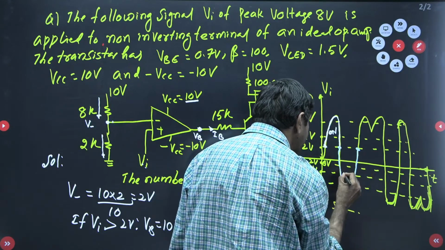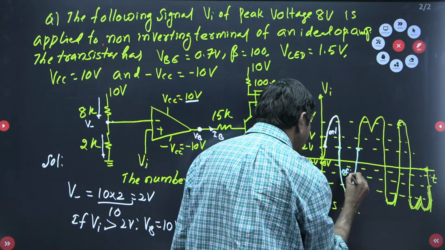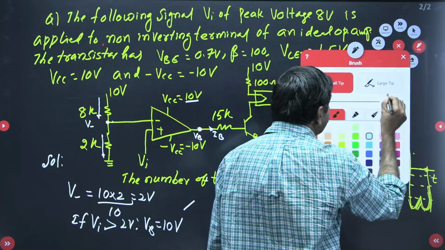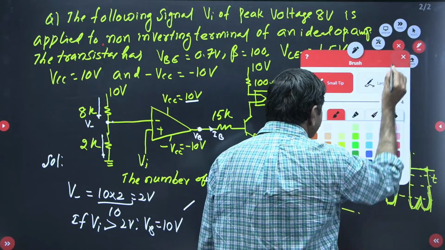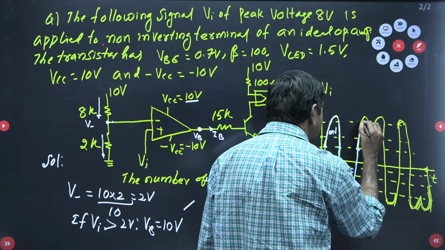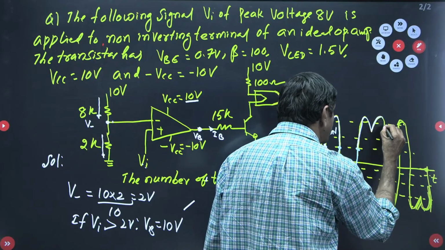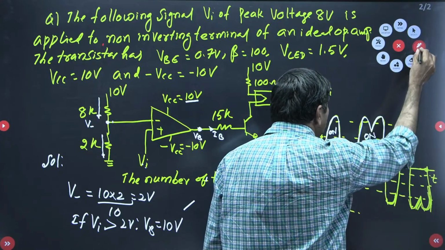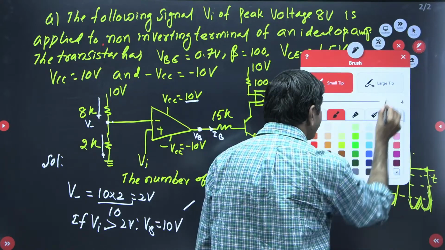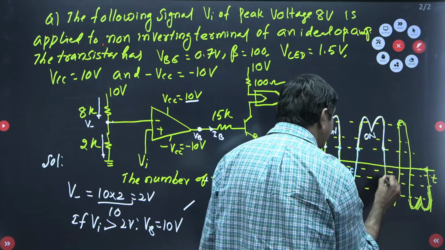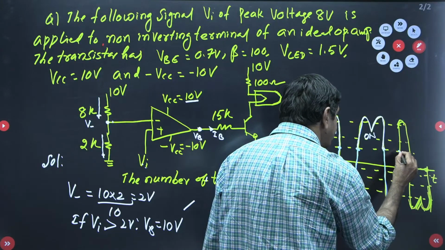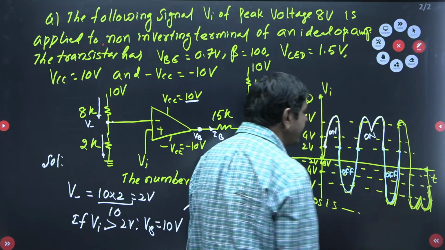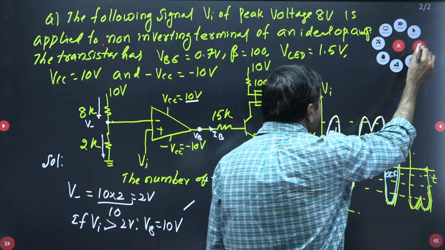Between these two points the transistor is off, so the LED will not glow. Again, when the input voltage is greater than 2 volts, it is on. Again the transistor is on. But when it goes less than 2 volts, it is off again. From this point to this point the transistor is off, so we cannot find the LED glowing here. And again greater than 2 volts.